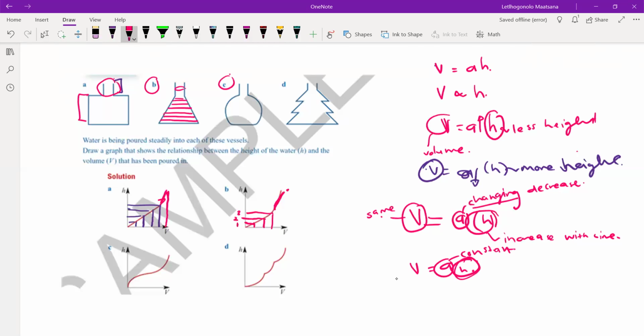In C, at the bottom, we had a small cross-sectional area. So to keep the volume the same, we would need to change our height. But as we go up, what do we see about the cross-sectional area? It is increasing. Initially it was small and it is now increasing. What should happen to the height?